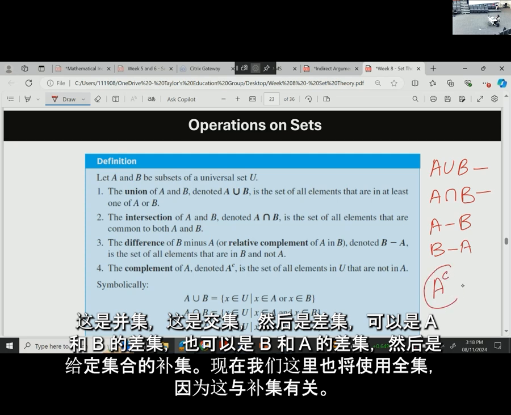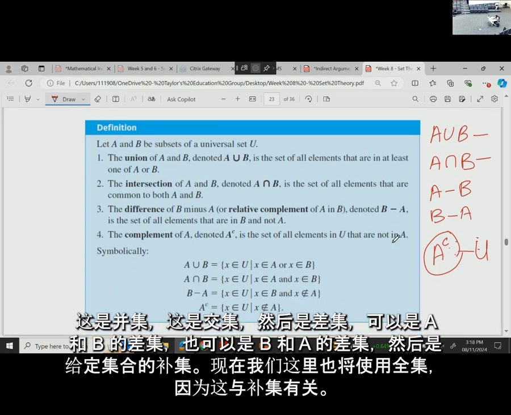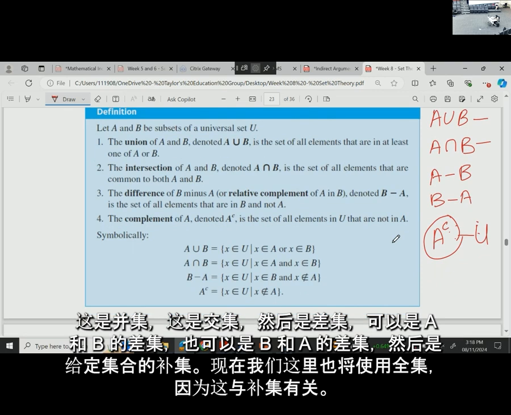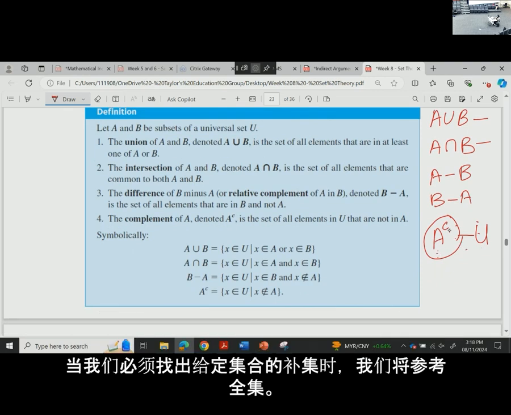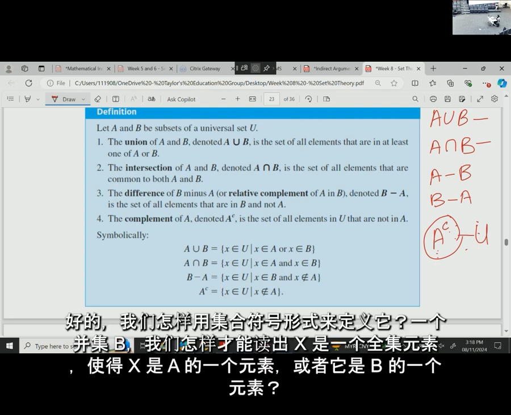Now here we will use the universal set also, because this will be in relation to the complement. When we have to find the complement of a given set, we will refer to the universal set.